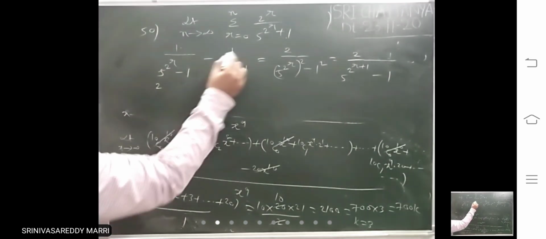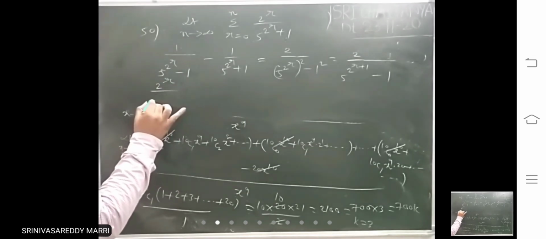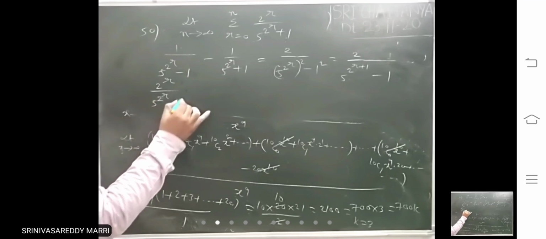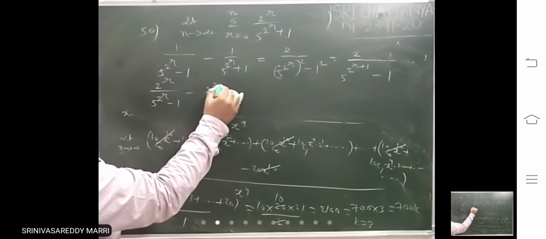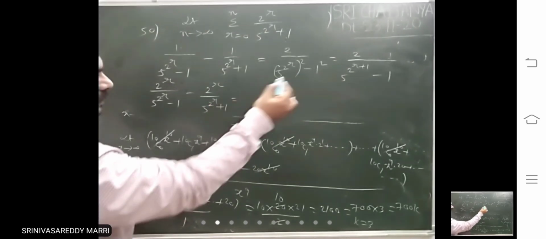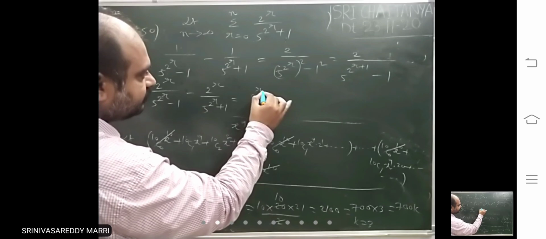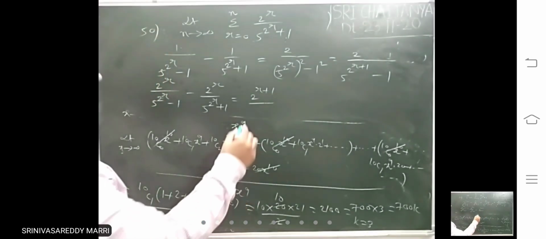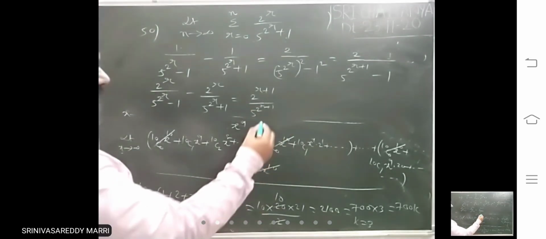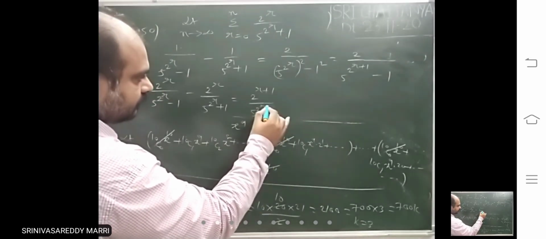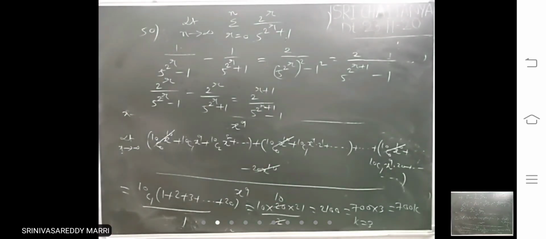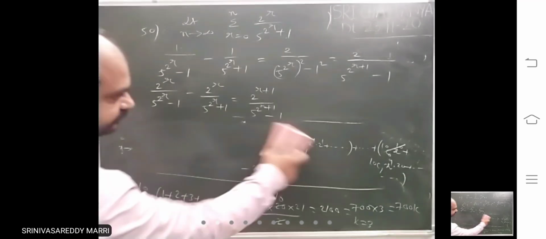Multiplying with 2 power r on both sides, 2 power r divided by 5 power 2 power r minus 1, minus 2 power r divided by, 2 power r meaning you will get 2 power r plus 1, divided by 5 power 2 power r plus 1 minus 1. So now what is the required one?